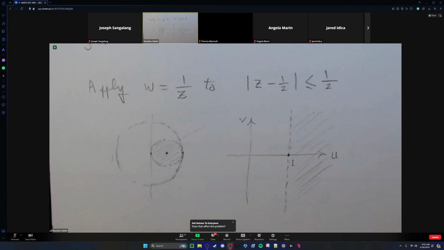Now, this problem doesn't say the imaginary part of z is positive. In number 15, it doesn't say that.